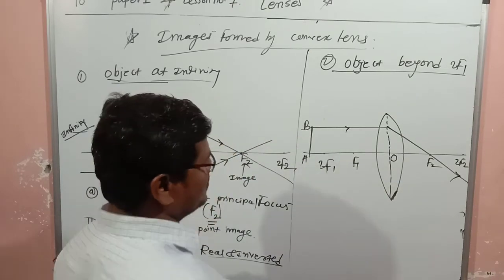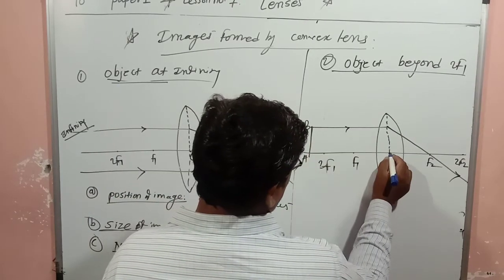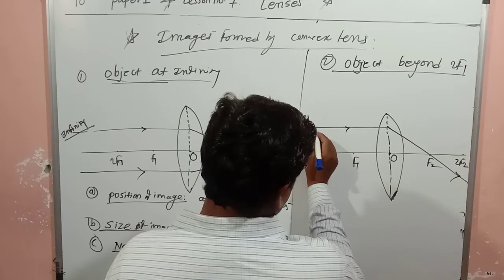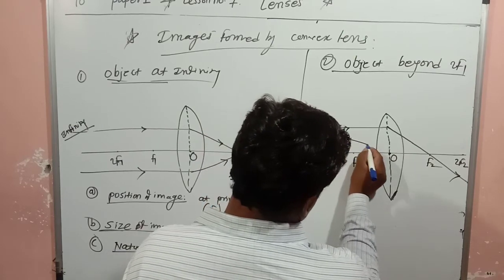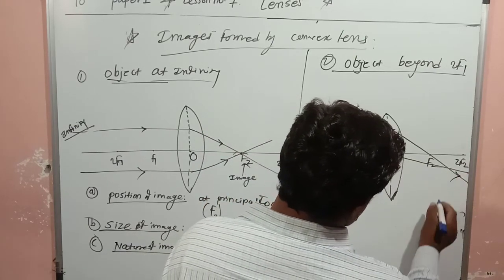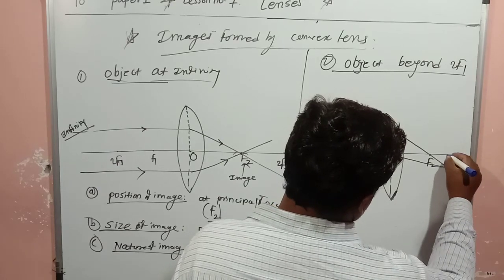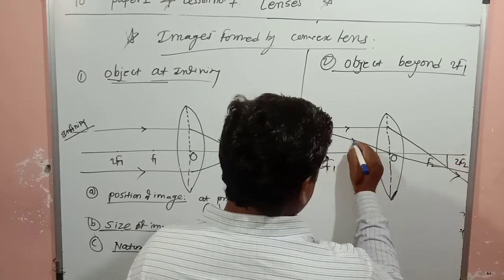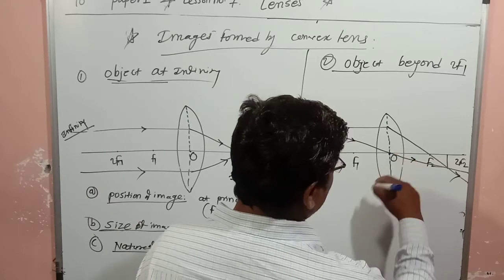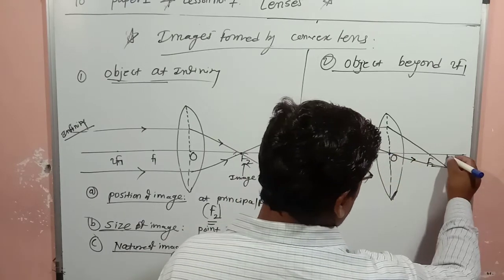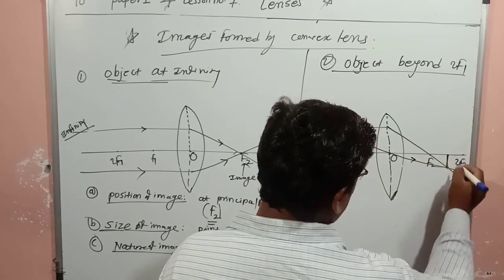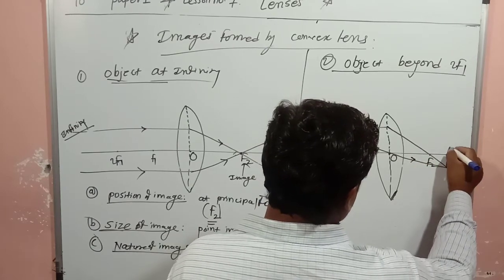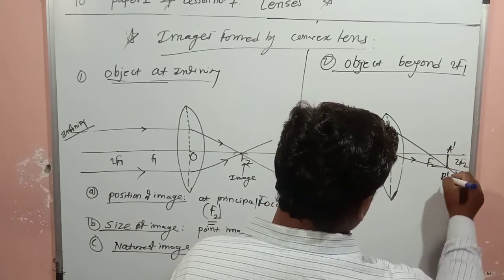Another light ray passes through the optical center, so it will not change direction, it will go straight. Where those refracted light rays meet, there will be the image, here A dash and here B dash.